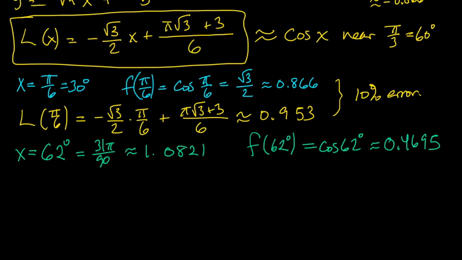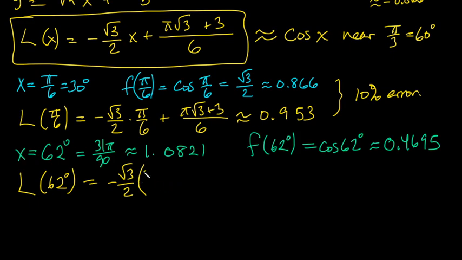So that's the exact answer. What is the linear approximation? Negative square root of 3 over 2 times x. Now, you can't use 62 here, because this has to be in radians.